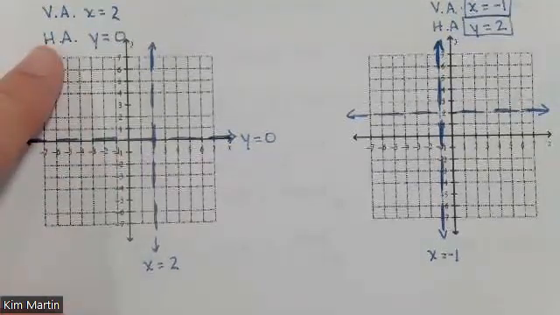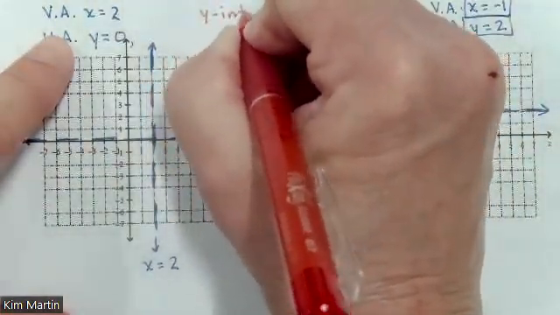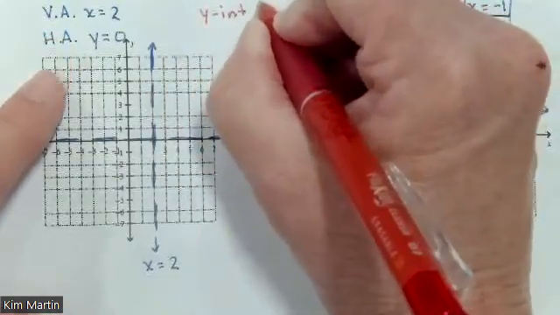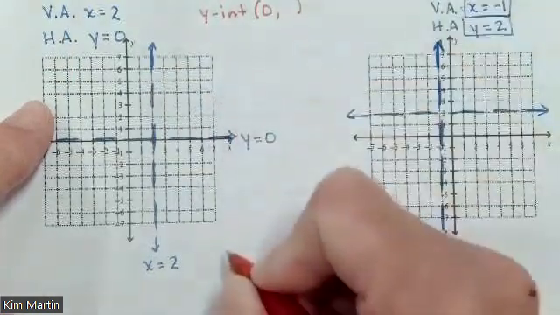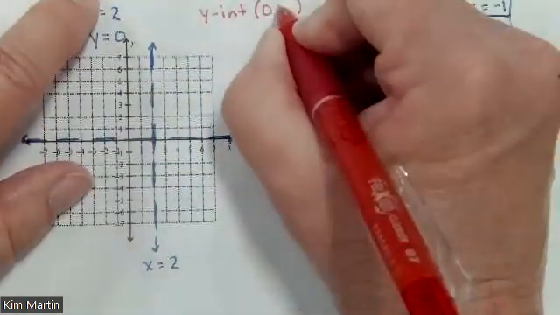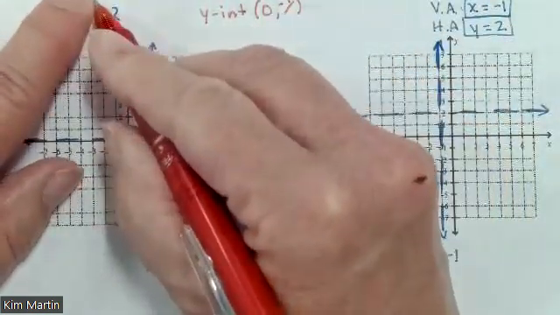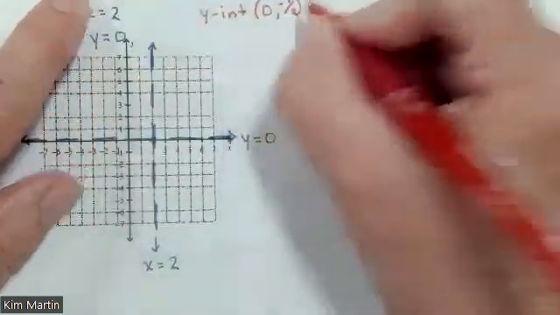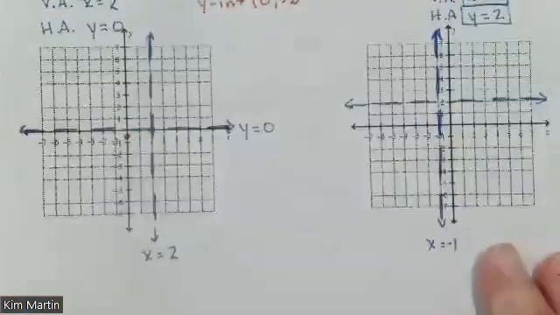So if I wanted to find my y-intercept, I plug in 0 for x, right? So I'm going to have -1 over 0 plus 2 gives me -1/2. So I would graph that point.